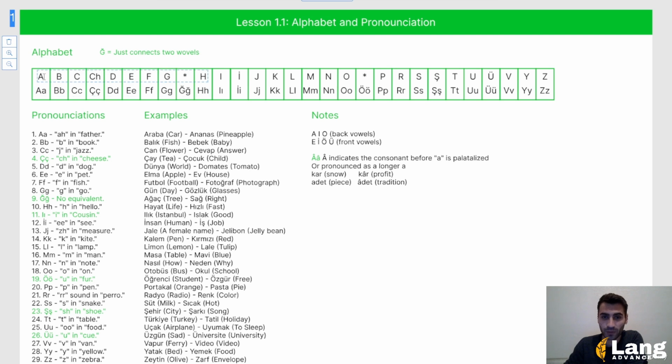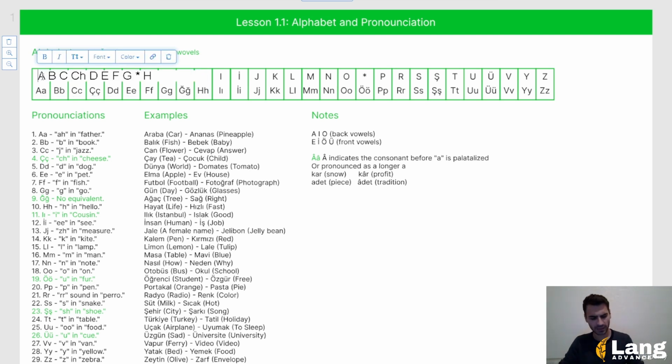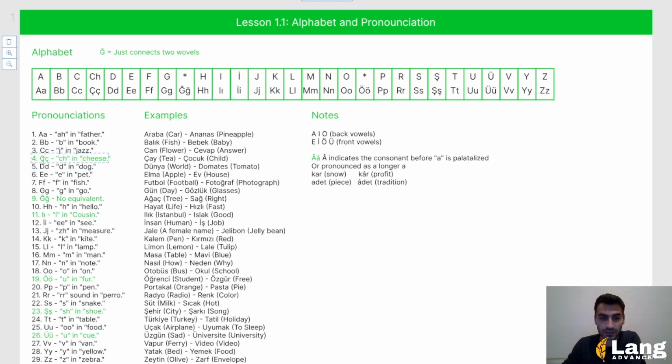Now, many of the letters in Turkish are written exactly the same as English. Only there are these green ones under pronunciations. These green ones, ç, this yumuşak g, etc. They are new to you.